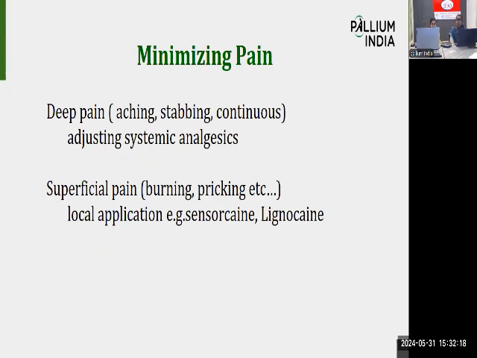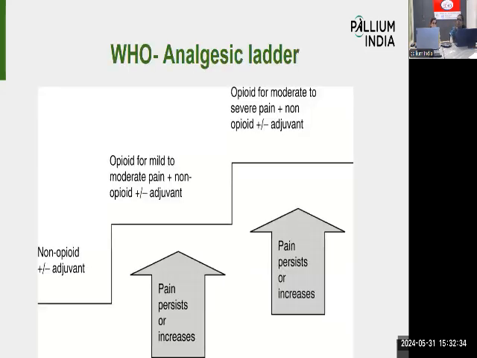Coming to minimizing pain, if the patient is having deep pain, like aching, stabbing, continuous pain, these kinds of pain come under nociceptive pain. Then you can use the WHO analgesic ladder. You already learned this.